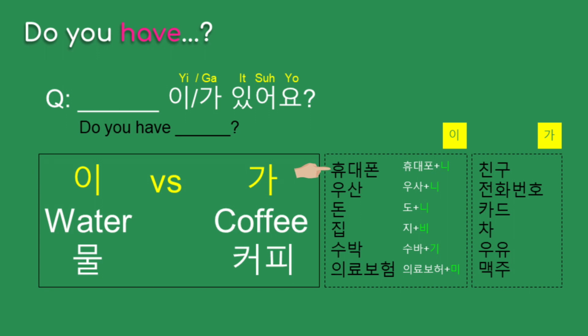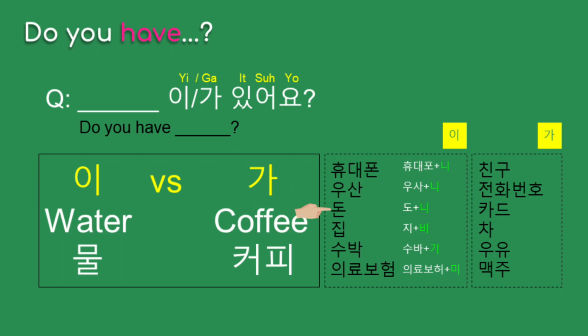So the portable phone is a cell phone. 휴대폰이 있어요. Next is 우산. 우산 is umbrella. 우산이 있어요? Do you have an umbrella?